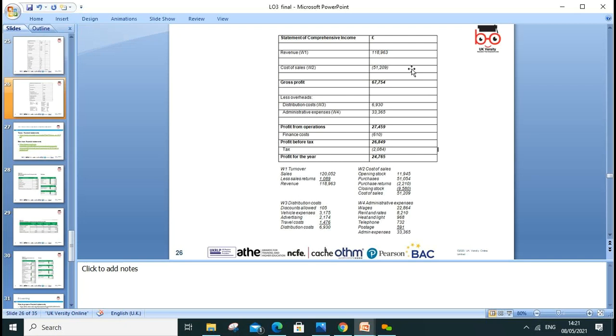Then they charge all overhead expense to distribution costs or admin costs. That's because, according to IAS, this is a standardized system. At the end of the day it's the same thing, but it's a different display, a unified system throughout the world. Then finance costs, also known as interest on loan, tax for the year, and then of course we'll get the profit.